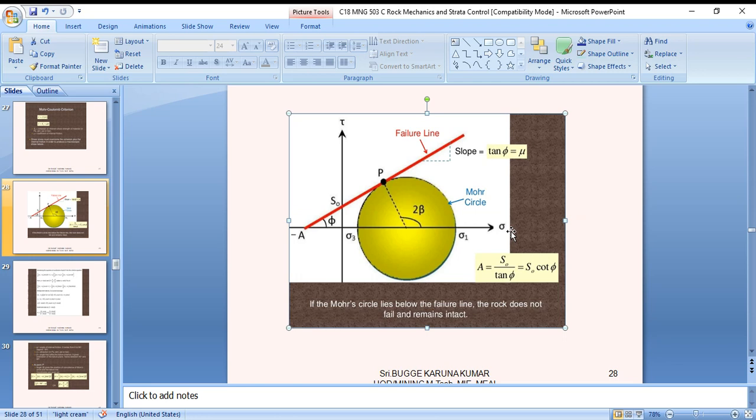Join the two shear points with a straight line. The line will intersect the normal stress axis at a point, which is the center. Generally, sigma 1 plus sigma 3 divided by 2 is the center. Based on this center, we draw the circle.